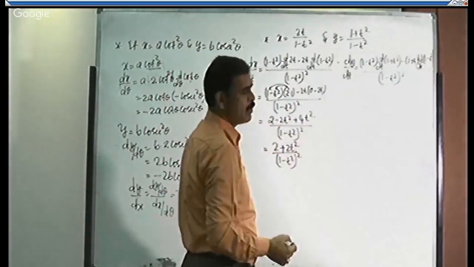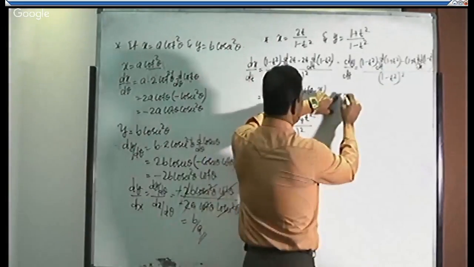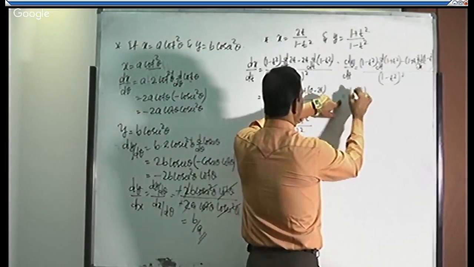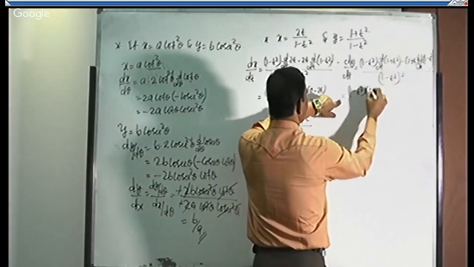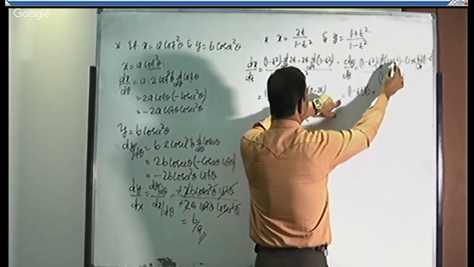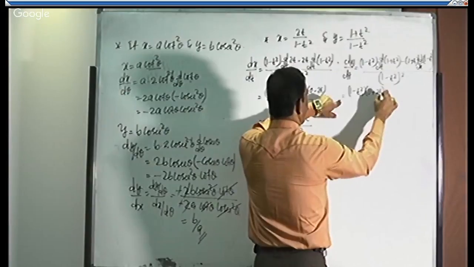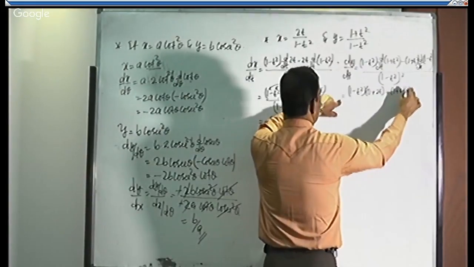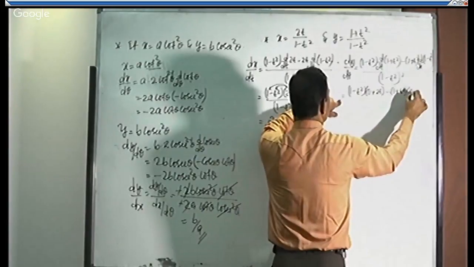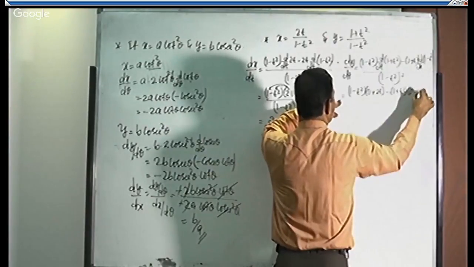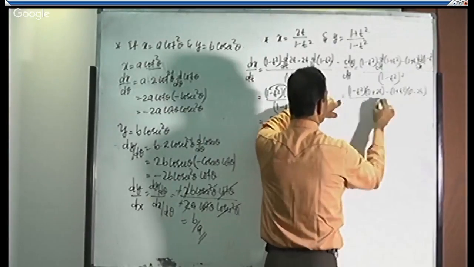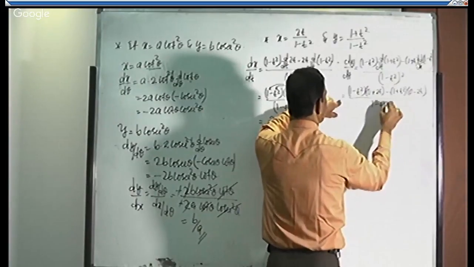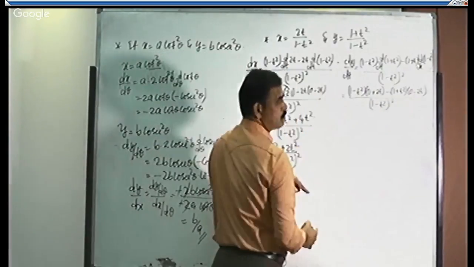Correct? It is equal to 1 minus t square into the differentiation of 1, 0, plus the differentiation of t square, 2t, minus 1 plus t square into the differentiation of 1, 0, minus the differentiation of t square, 2t, all divided by 1 minus t square whole square.